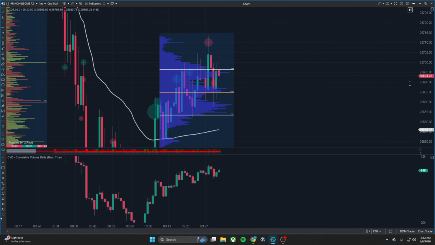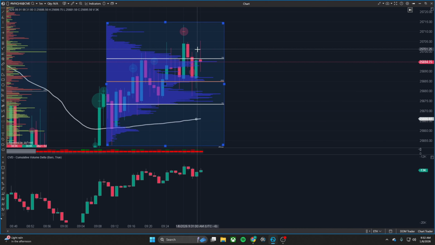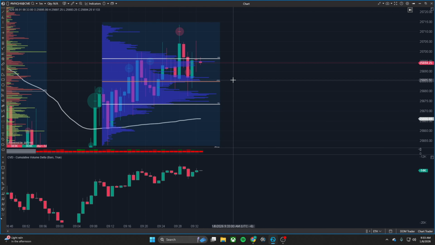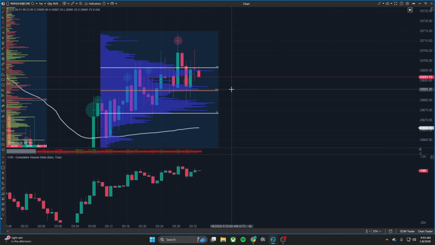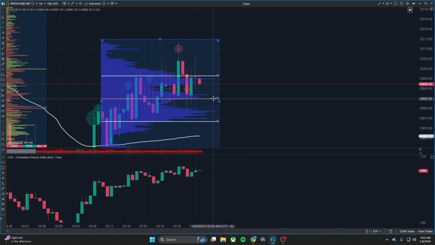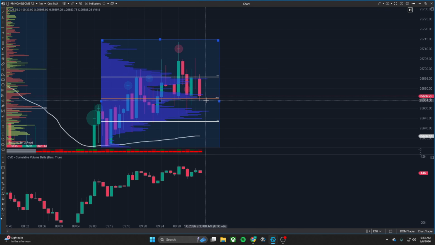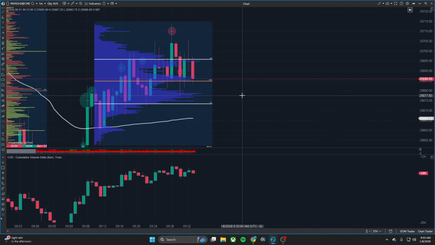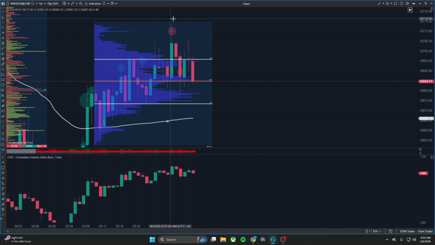So we could trade that mean reversion model back down to POC, but actually I was wrong. The mean reversion model is a trade you take when you're out of balance, because when you're above this, you're out of balance, and you're trading back down to here. So we have 2 out of balance, 1 in balance model.